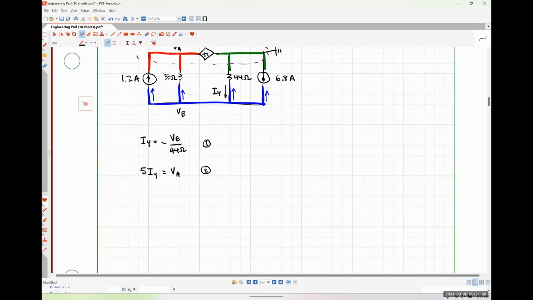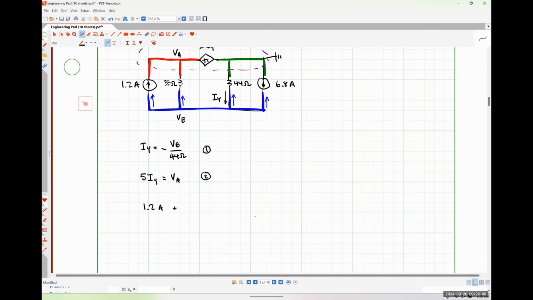So what's the current flowing up through the 1.2 amp source? 1.2 amps. What's the current flowing up through the 33 ohm resistor? VB minus VA over 33 ohms. What's the current flowing up through the 44 ohm resistor? Negative IY or VB over 44.